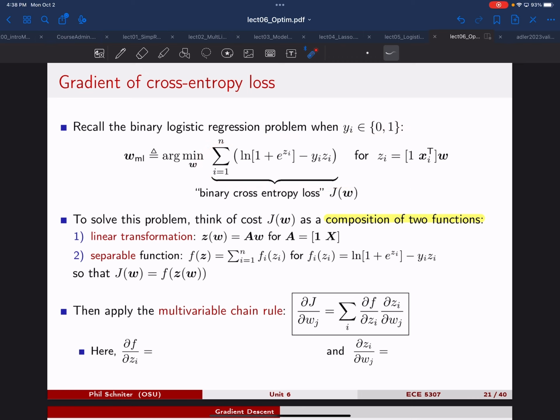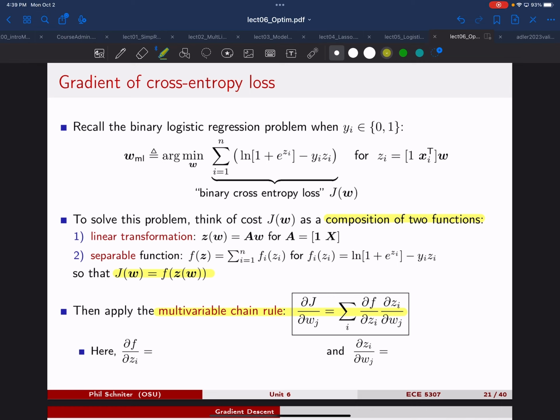So here's how we can write everything together. If you like, you can say that J is a function of w, z is a function of w, and then the z is put into this f function here. The way that we handle this is the multivariable chain rule, which is something I'm sure you all saw a long time ago. Maybe you haven't seen it lately, but this is a super important thing that we're going to start using a lot.